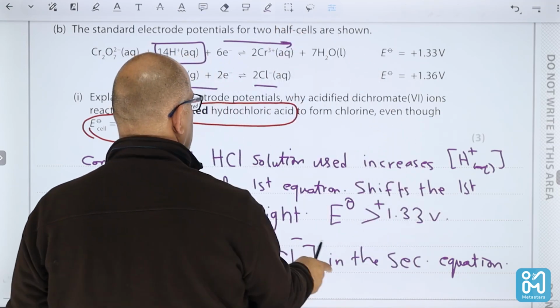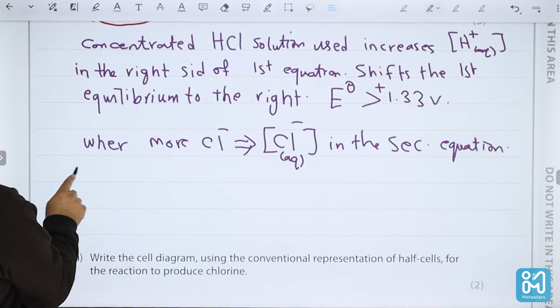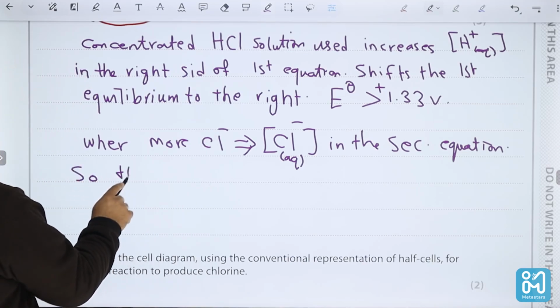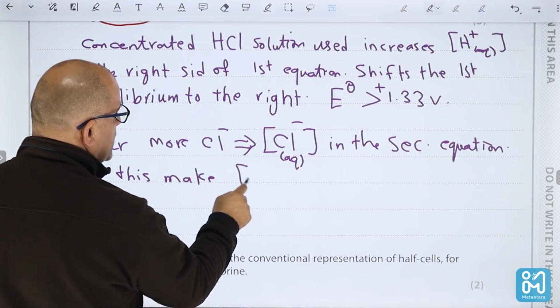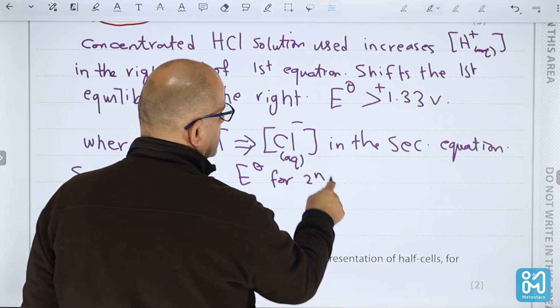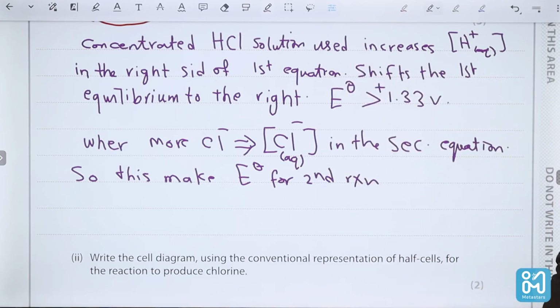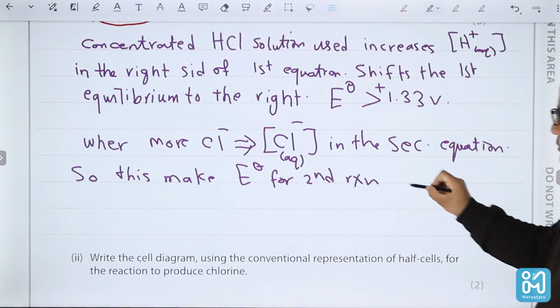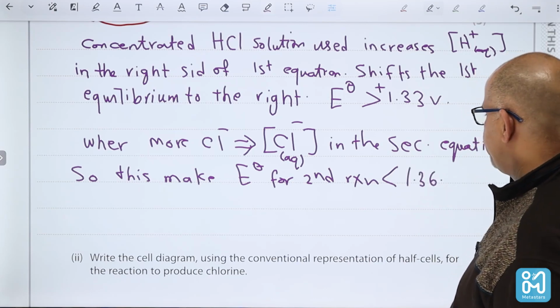Okay? So this makes the E naught for the second reaction lower than 1.36 volt.